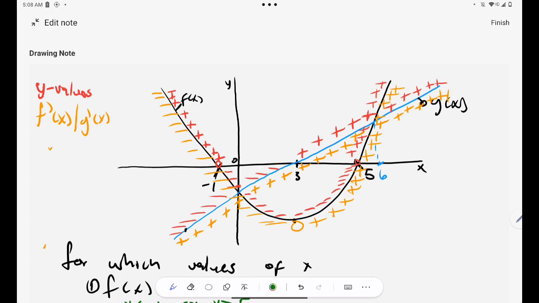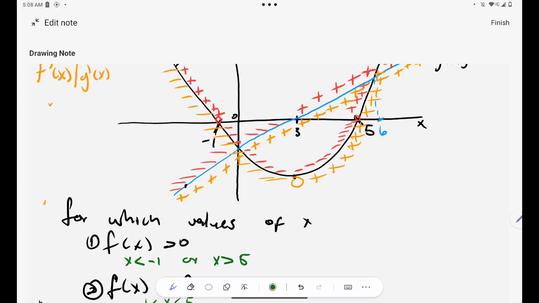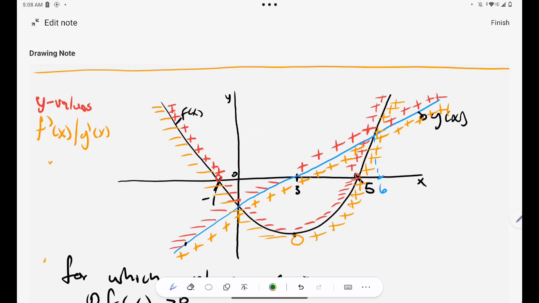So I know that whenever x is less than 1, here my graph of f of x is above the x-axis, hence it is positive, and the one of g will be forever positive. Are you together?